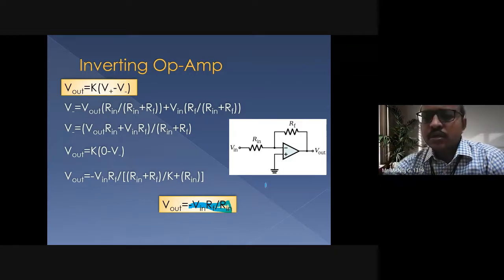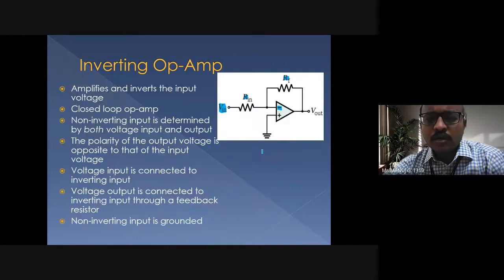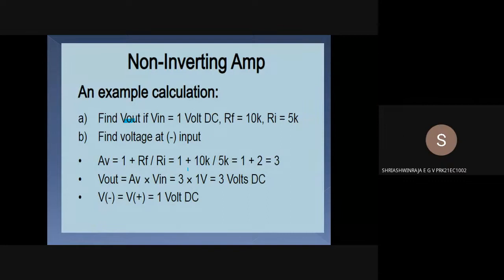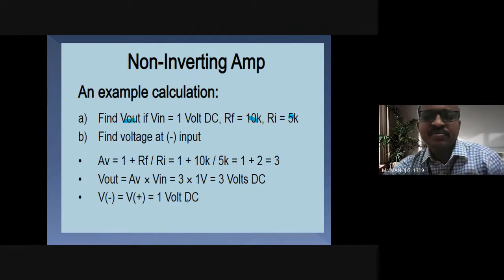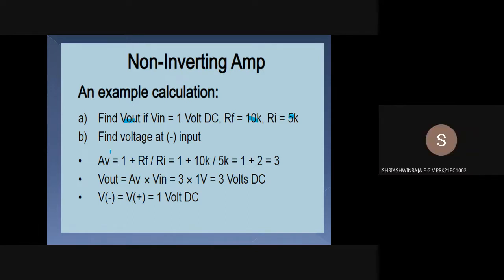So your Vin is 1 volt. Your RF is 10 and your Rin is 5. So what would be your AV? Minus 2, sir. RF by Rin. So how much is the value? Minus 2, sir.